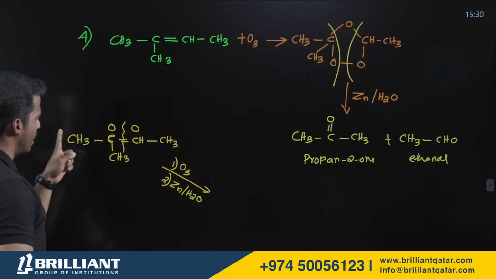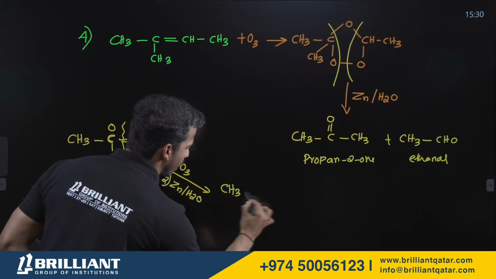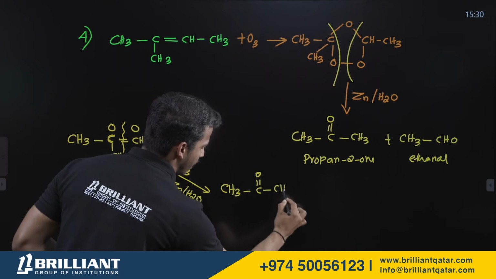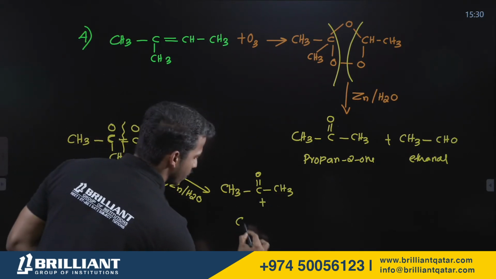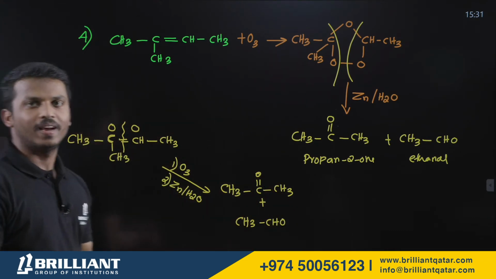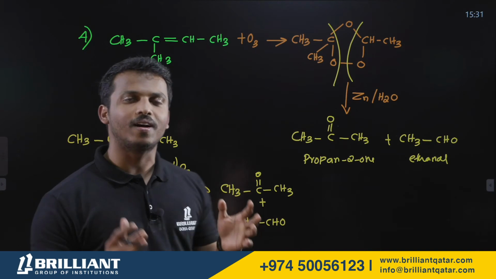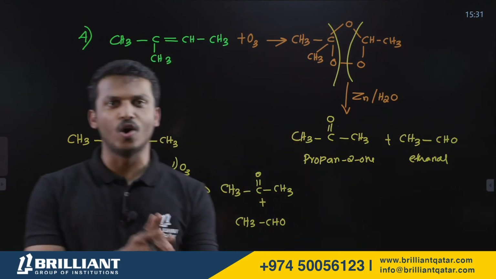What do you have on the left side? CH3, CO, CH3 plus, what do you have on the right side? CH3, CHO. Clear? So simple to write the product when an alkene undergoes ozonolysis.